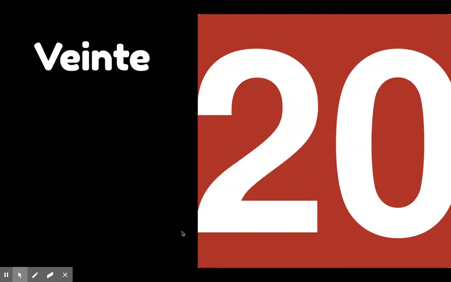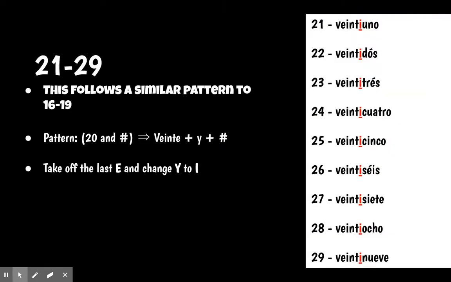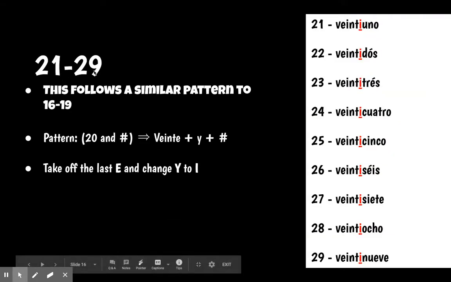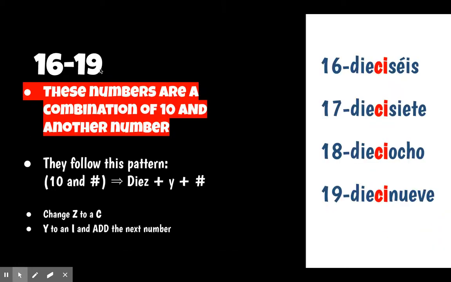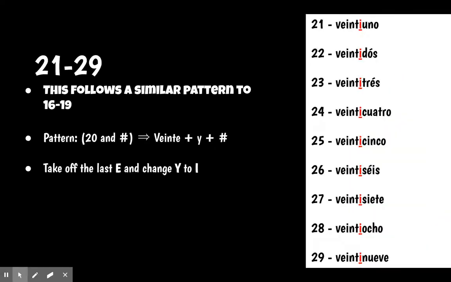20. 20 to 29 follows a very similar pattern to this, except we're not counting 10s, we're counting 20s now. So it's 20 and the number.